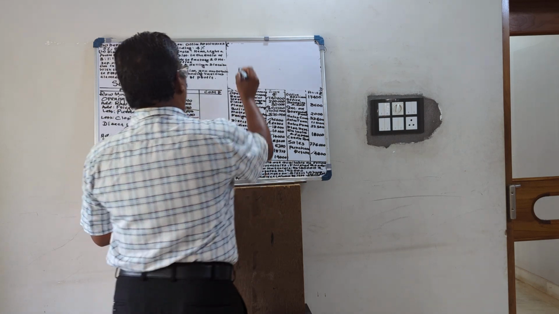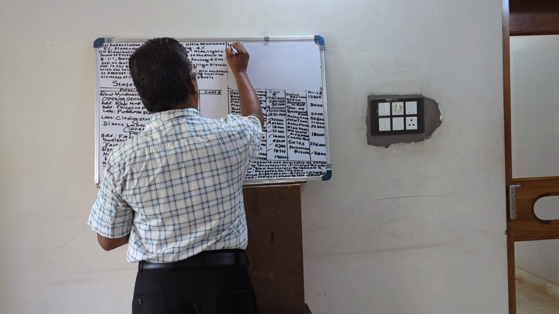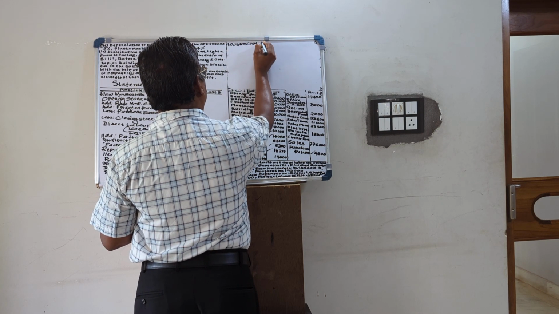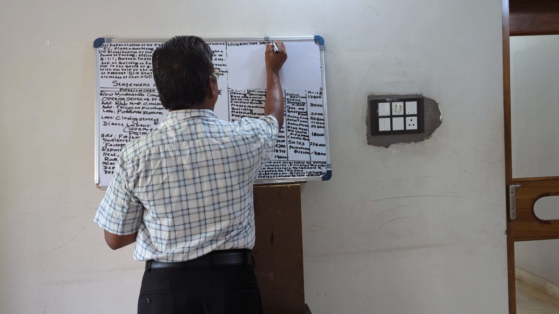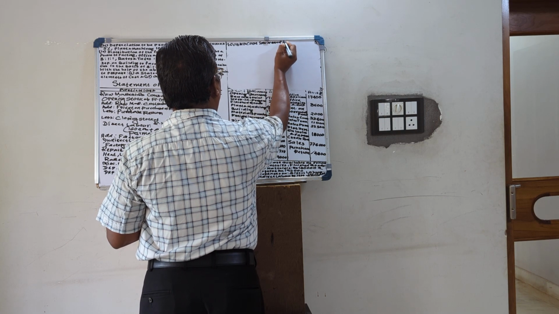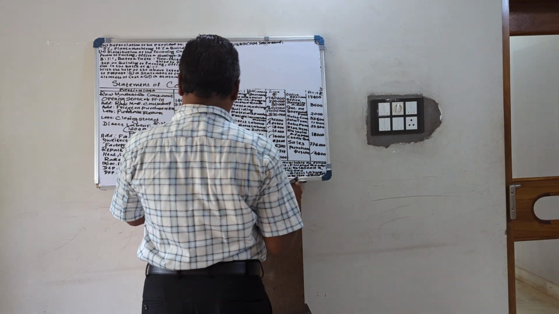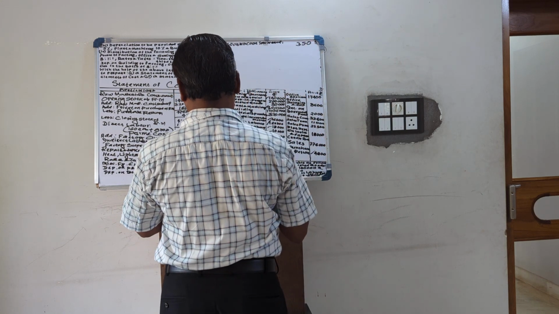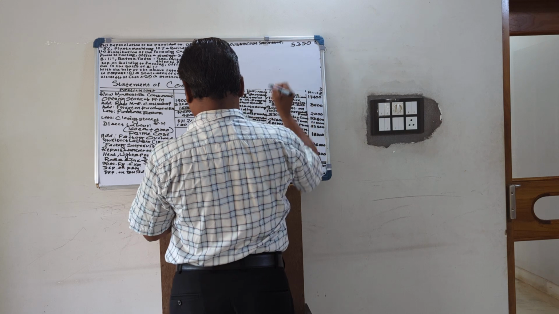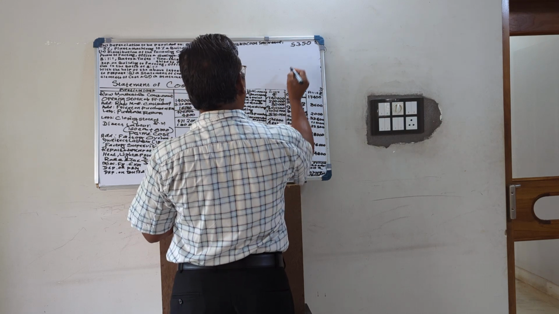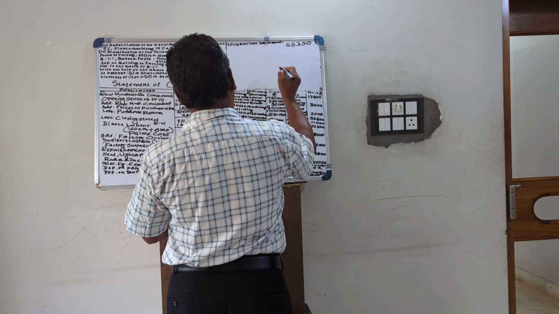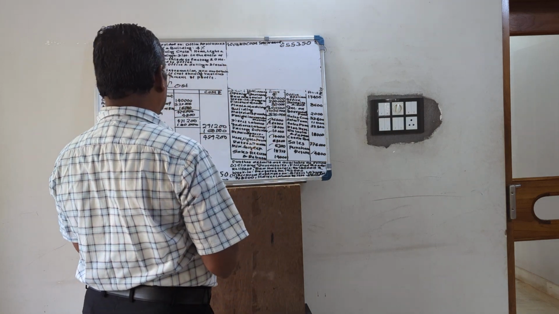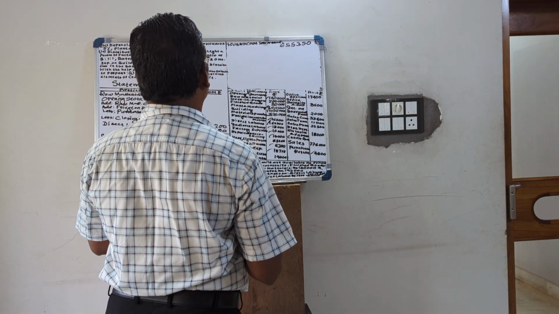So work cost incurred, that is factory cost or work cost incurred. The amount is 6,55,350.